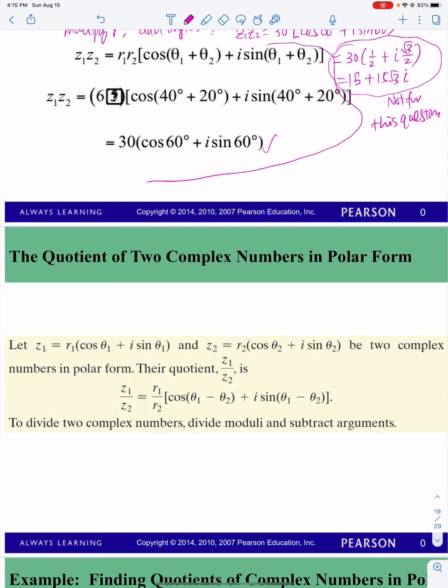Okay, so z1 over z2. So what will you have here? z1 over z2. It's simple. You have r1 over r2. Yeah. So then you have cosine theta 1 plus i sine theta 1 over cosine theta 2 plus i sine theta 2. What should we do to get this?